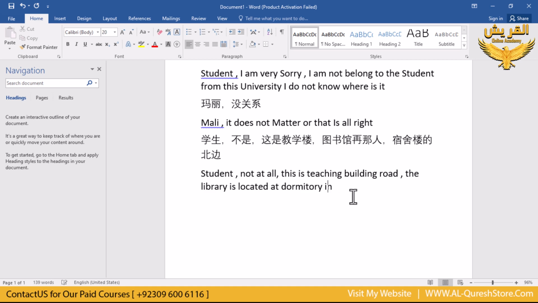At the dormitory in the north. The library is located at dormitory in the north side.